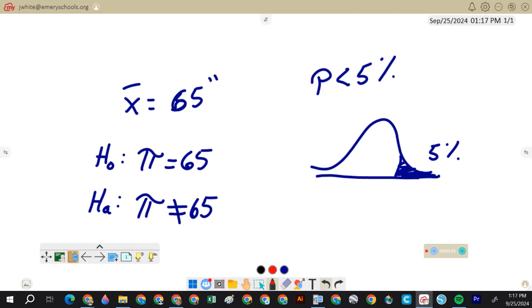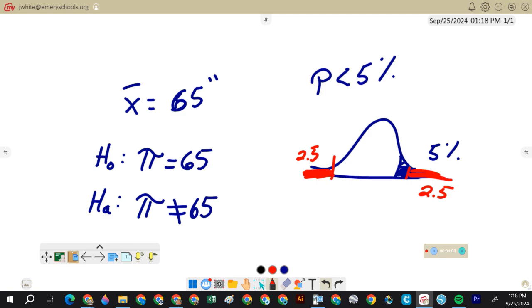So that is a one-tailed test. But what if I draw a two-tailed test and I keep my p at 5%? So that's going to look like this. If you land in that shaded region, you reject the null.